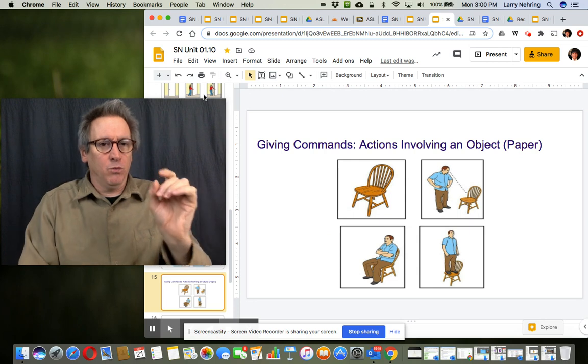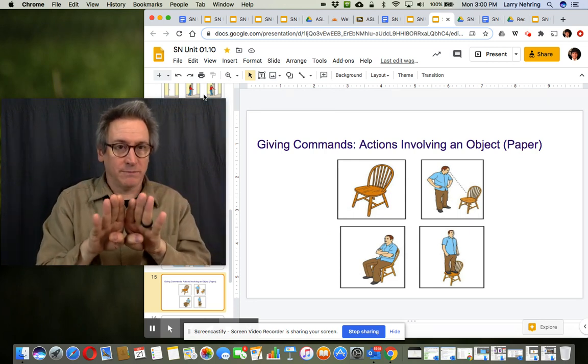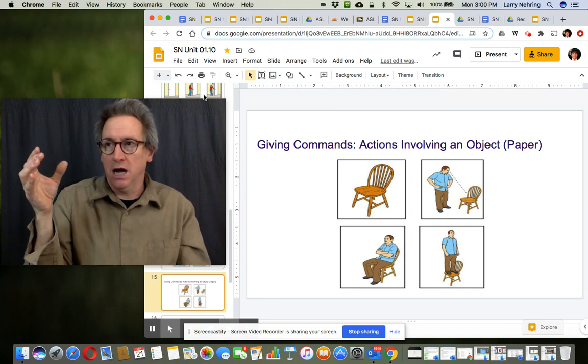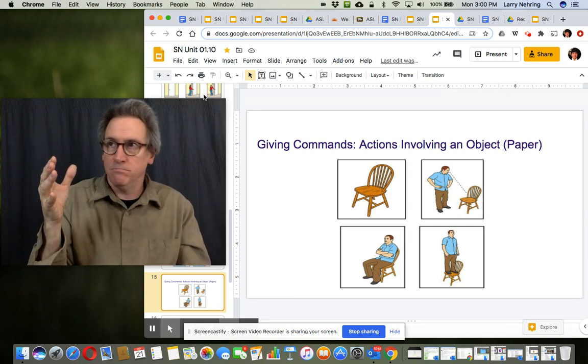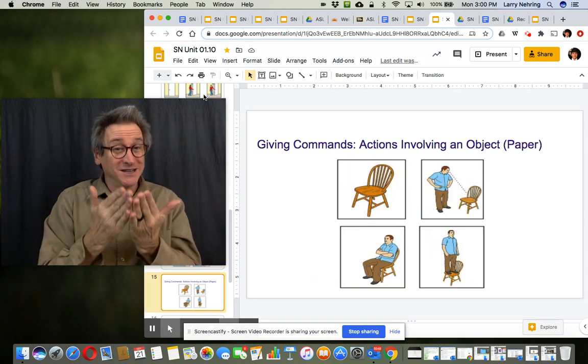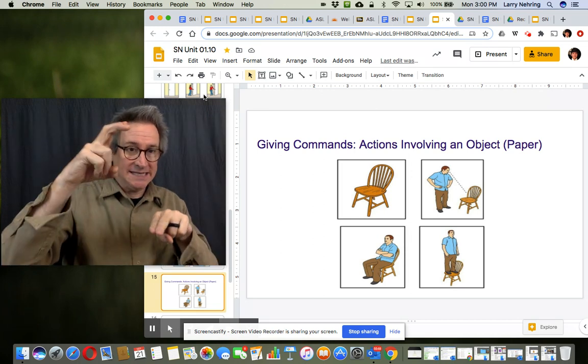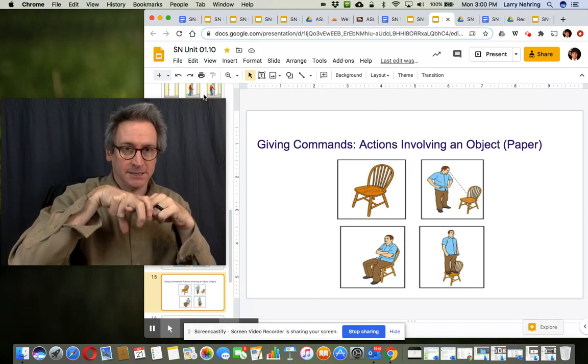Now, we looked at how window is 2 taps, door is 2 taps, light is 2 flicks. Book is 2. Now I want to look at, I already showed sit is this, right? The person comes and sits.